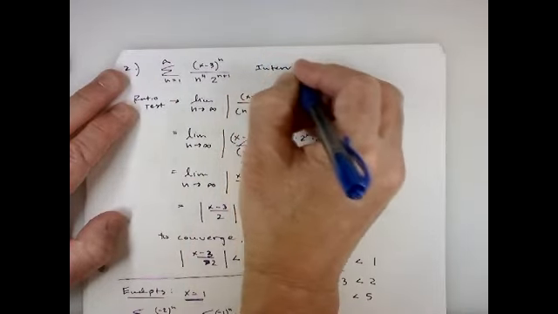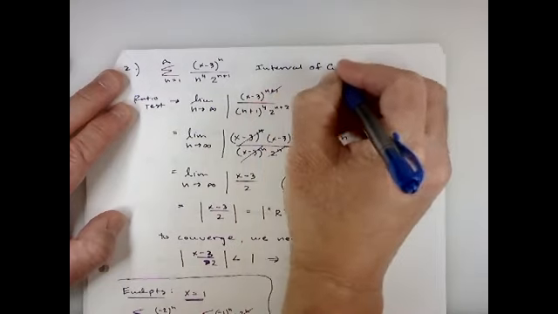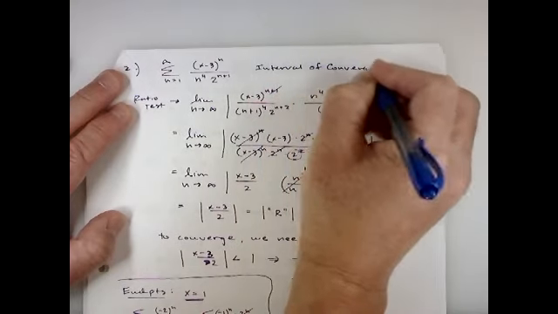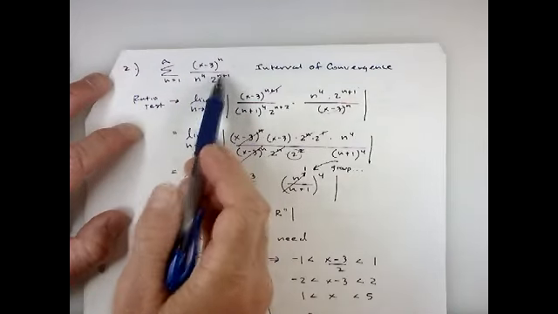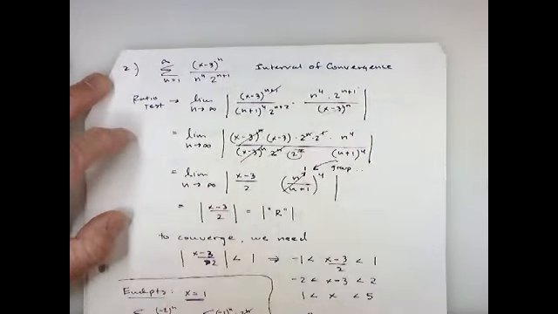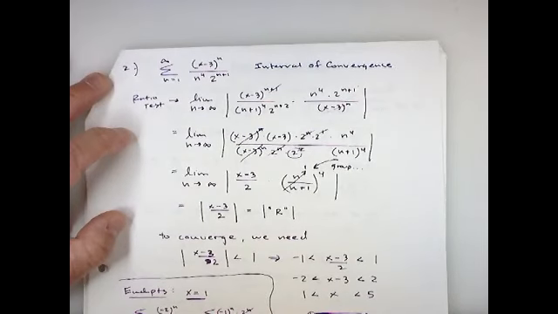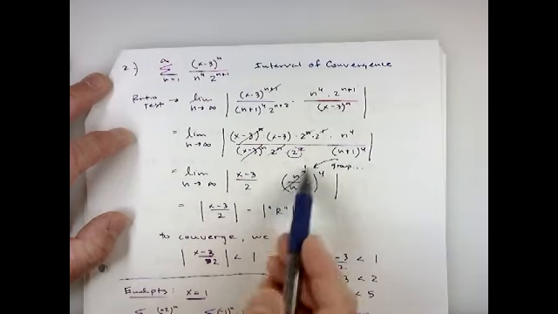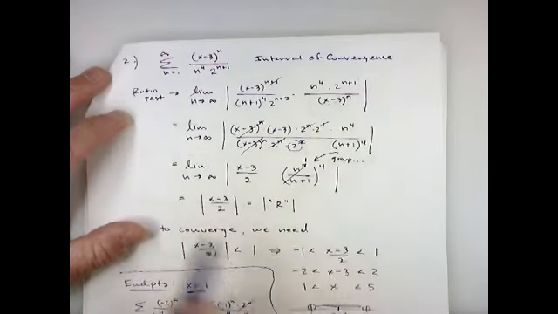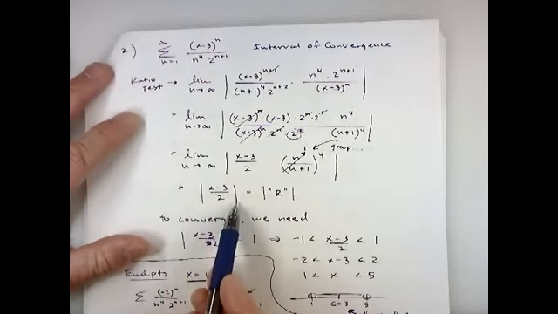Interval of convergence. And another one where you've got powers of n, I think the ratio test would be the best test to use here. You're going to use the ratio test quite a bit when you're doing intervals of convergence. And you simplify this all out, and you're left with the absolute value of x minus 3 over 2.